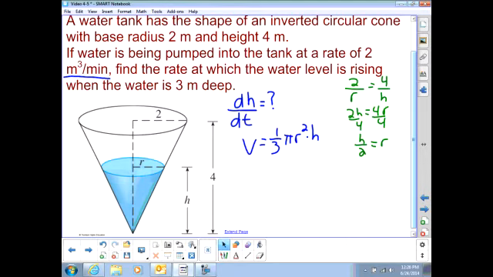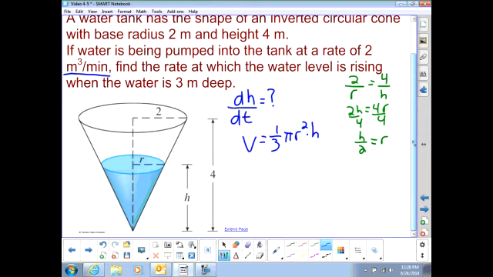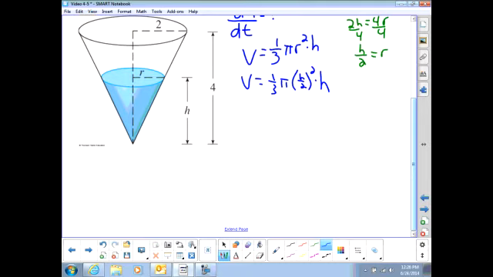We'll now sub in. We've got our volume is equal to 1/3 pi times (h over 2) squared times h. Now, we have just one variable for each term, which is what we wanted. But don't rush to take your derivative. It'll make your life much, much easier if you first simplify as much as you can.